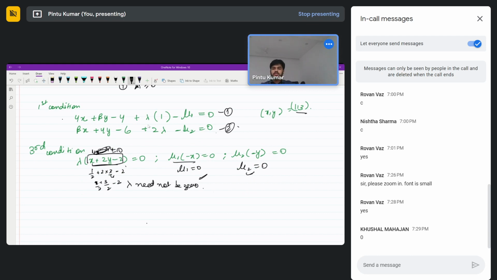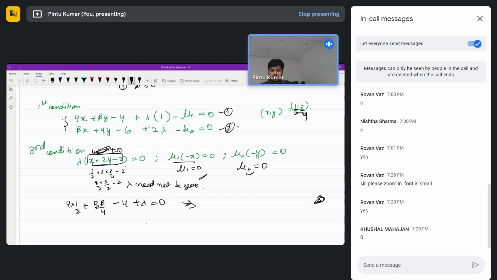Okay. So based on whatever we had, Kushal, I think your answer was correct. But the second part was contradicting this value because this in fact was not an optimal point. Okay. So now we will put this value of x and y. So x is half and y is 3 by 4 in my equation 1 and 2. So we obtain 4 into half, right, plus 3 beta by 4 minus 4 plus lambda equal to 0.